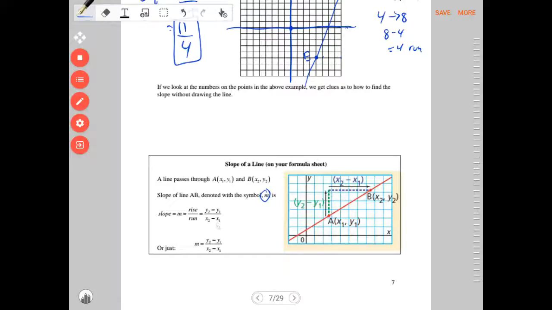So M equals y2 minus y1 over x2 minus x1. The rise is y2 minus y1. The run is x2 minus x1. Perfect. So that's a nice little formula that you can now use.